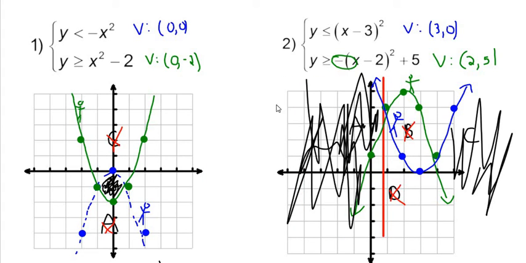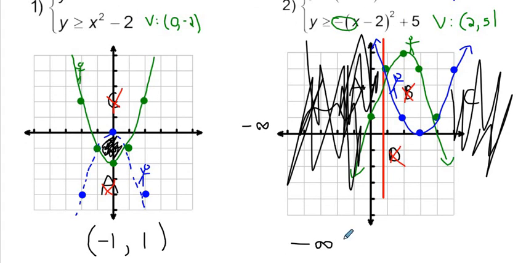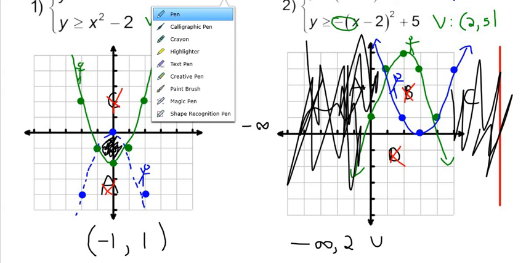Remember that this right here, over in this area, this is -infinity. So we would go from -infinity, remember its domain, that point was 2. And then we're going to union that with the next part of the domain, which would start back right here, and that was at 4, and then goes to infinity.